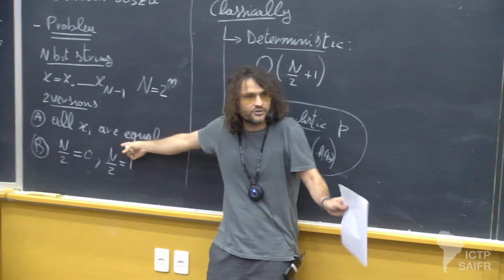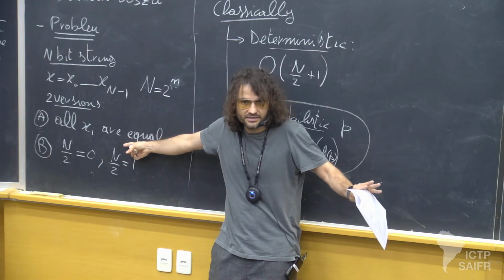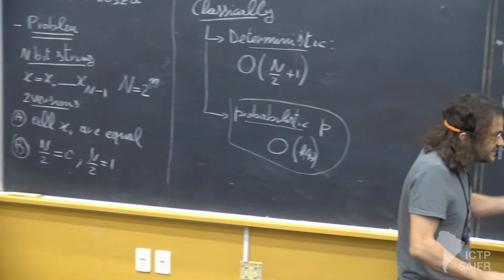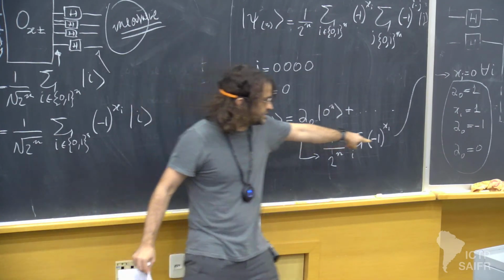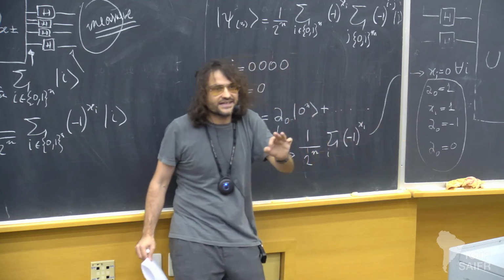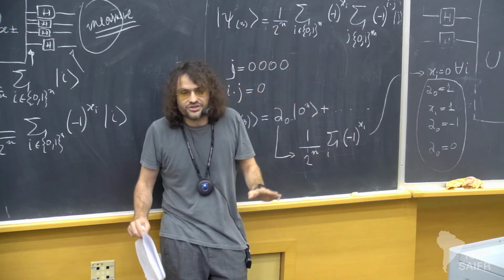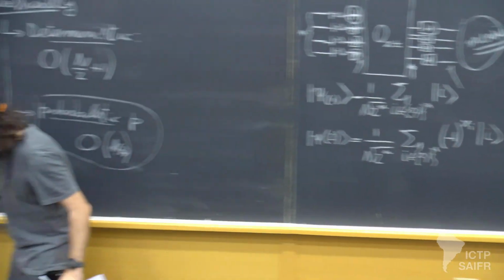We don't know if they were all 1 or 0, but we know that they were all equal. Or the probability to extract 0 in the case in which the x_i were balanced is exactly 0. So if we measure anything else, we know for sure that we were in this case.